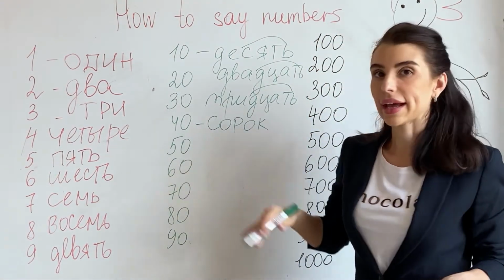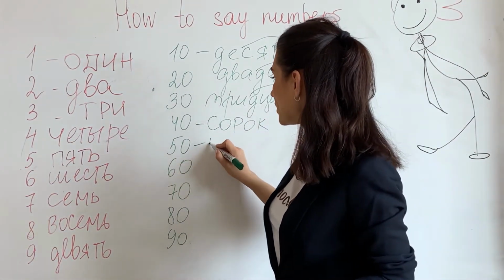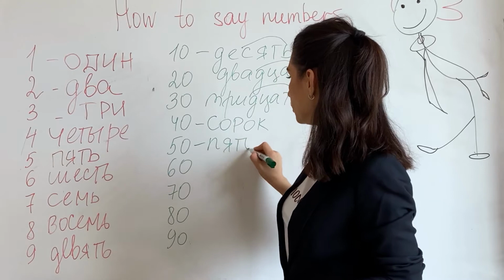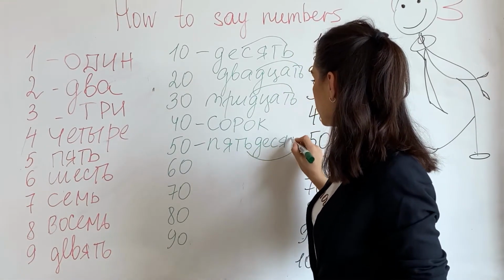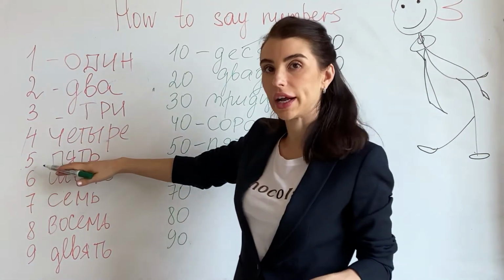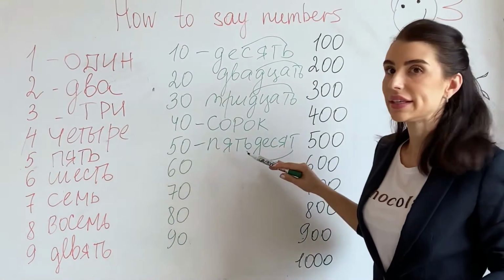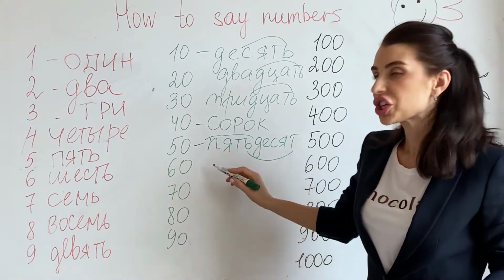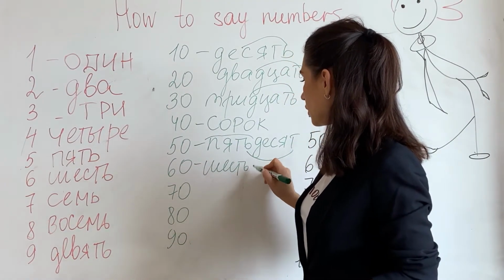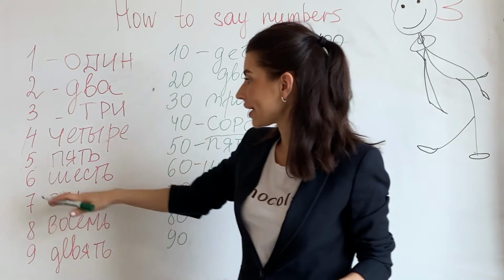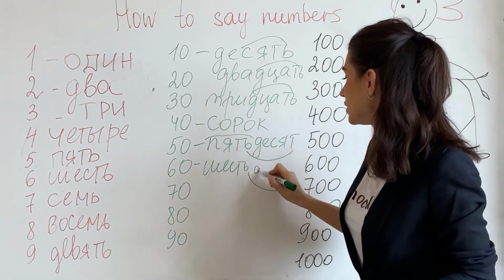40. Another one, 50. It means 5, 10. 50. 6, next one, 6, 10.